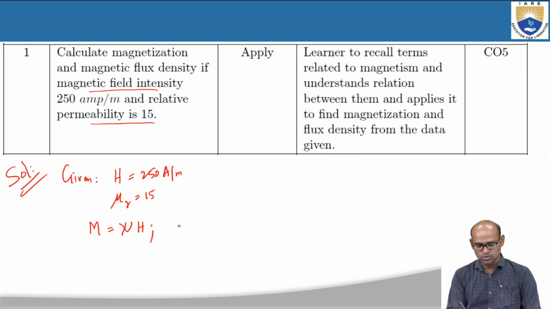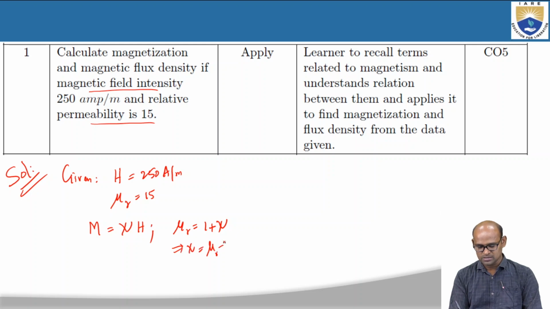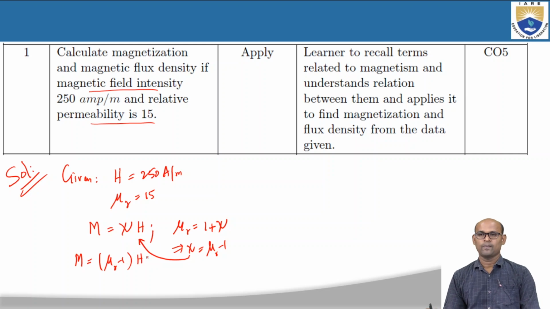Relative permeability mu r is defined as 1 plus chi. From this equation we can write chi as mu r minus 1. We are going to substitute this chi in the equation, so M will be mu r minus 1 into H. We know the values of mu r and H, so we can substitute.